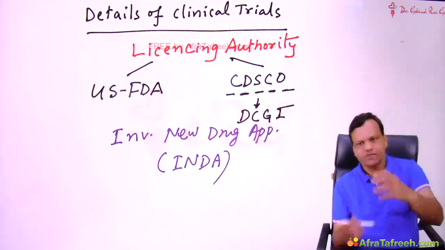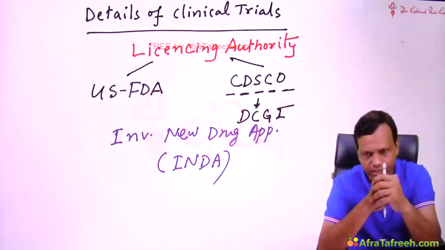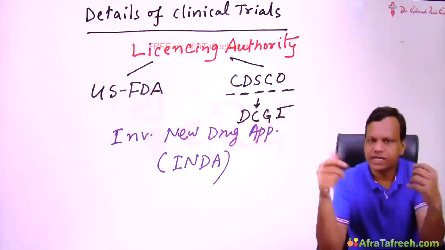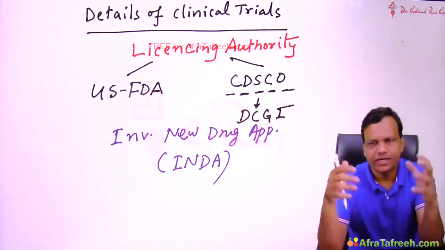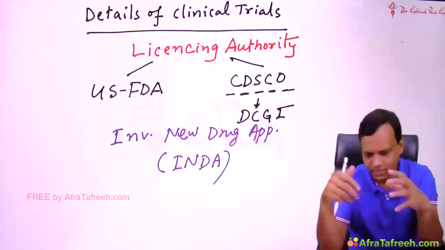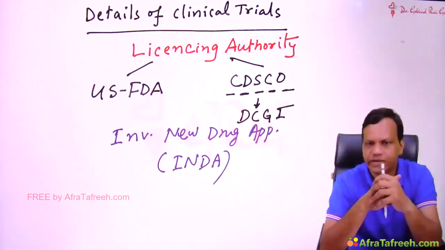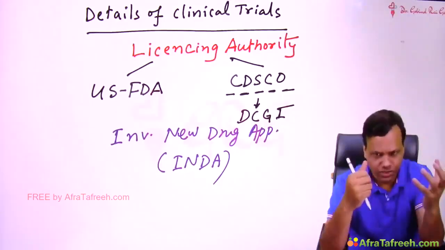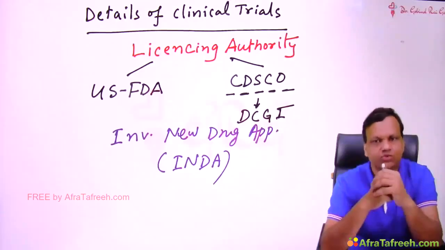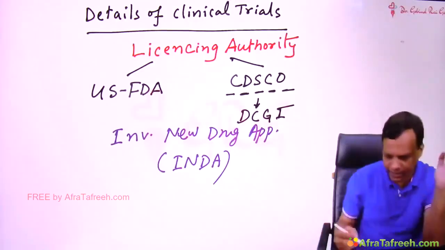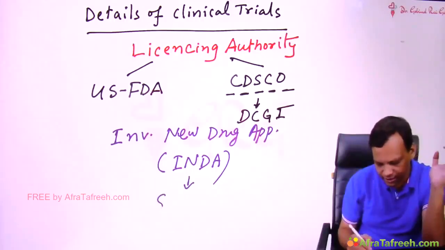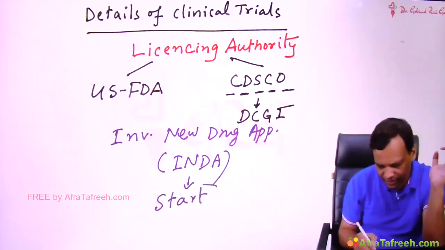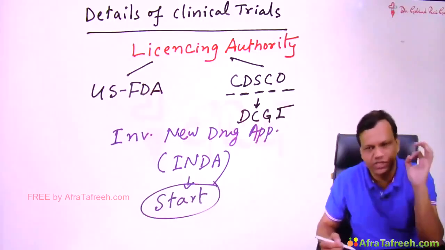This application we write to the licensing authority. Along with that, we send the animal data. The animal data will be studied by these people, and if they think that it can be good for humans, then they will give the permission to start the clinical trial. So INDA is written to start the clinical trial. That means if INDA is approved, we can start phase 1 trials.